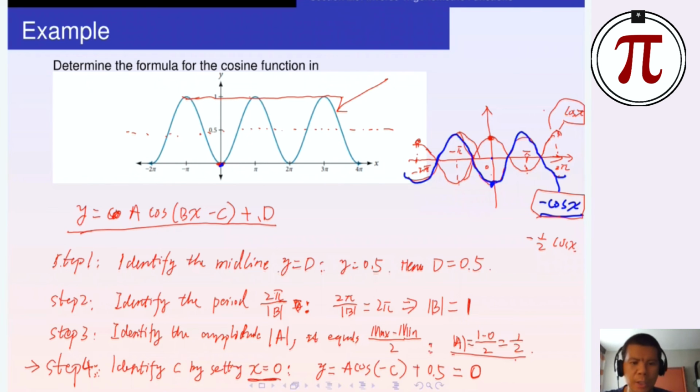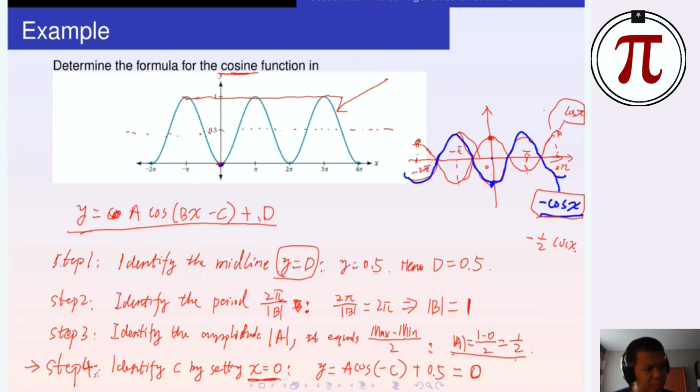I think the easiest one is step 1. Y equals d. It's pretty easy, right? This will determine the value of d. Now step 2, identify the period. It is a cosine.